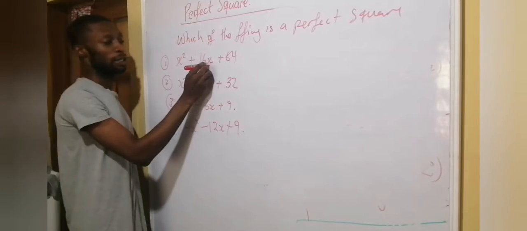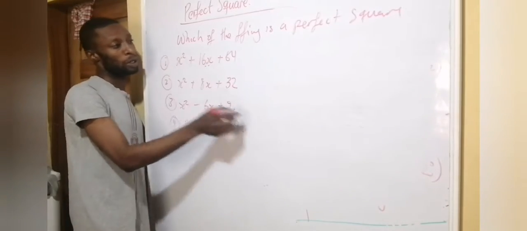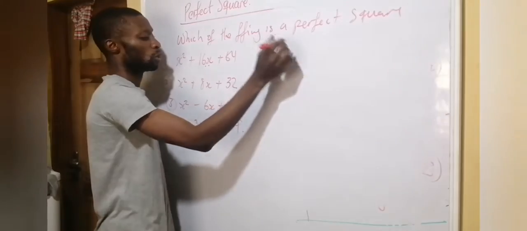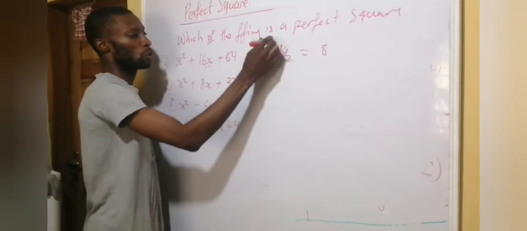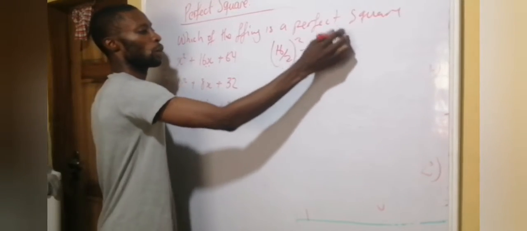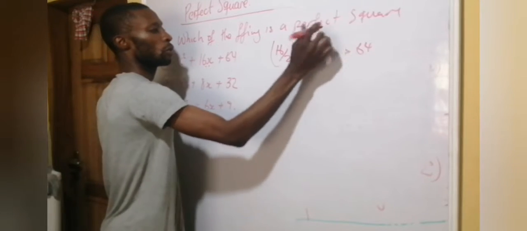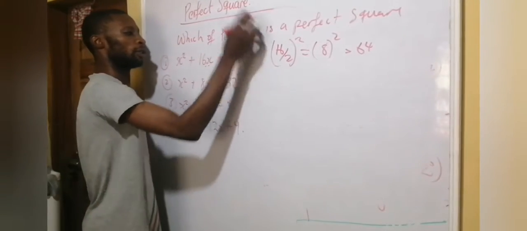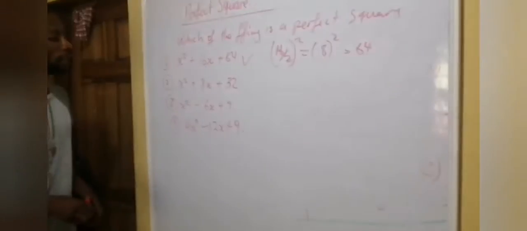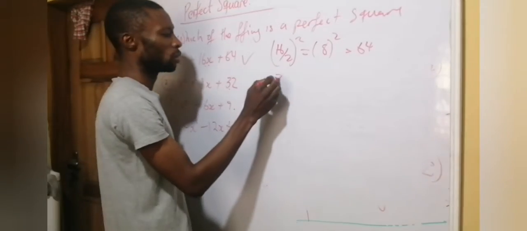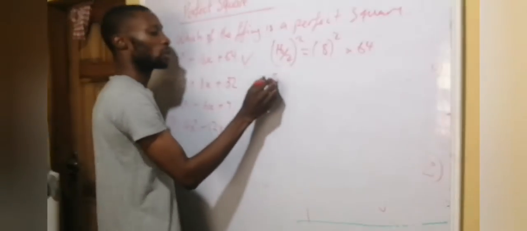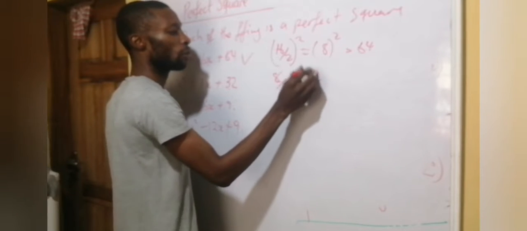What we do is this: the coefficient of x, you divide it by 2. 16 divided by 2 is 8. You square it. 8 squared is 64. Since it is 64, it is a perfect square. Let's see this one. 8 divided by 2 is 4.